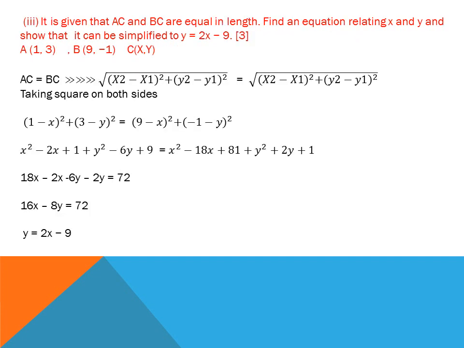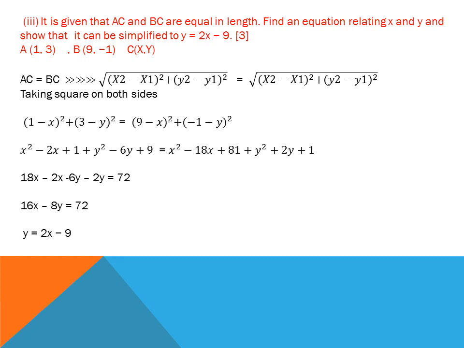In part 3, it is given that AC and BC are equal in length. It means the AC and BC lengths are the same. Find an equation relating x and y, and show that it simplifies to this. So AC is equal to BC. I only applied the distance formula here, (x2 minus x1) whole squared plus (y2 minus y1) whole squared, on both sides.